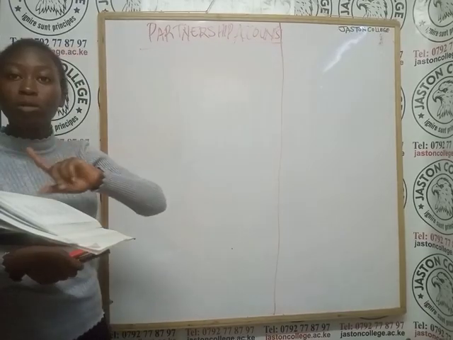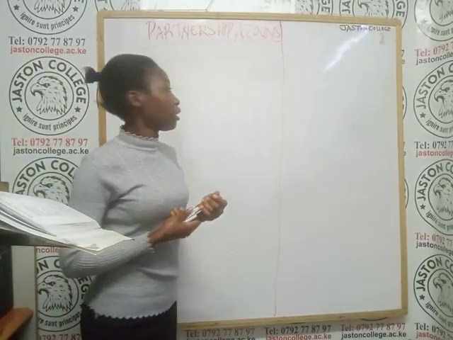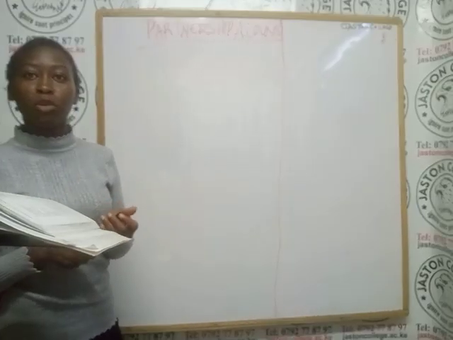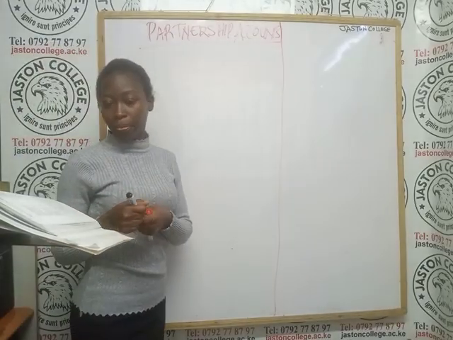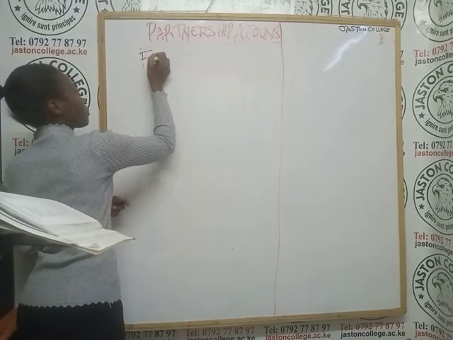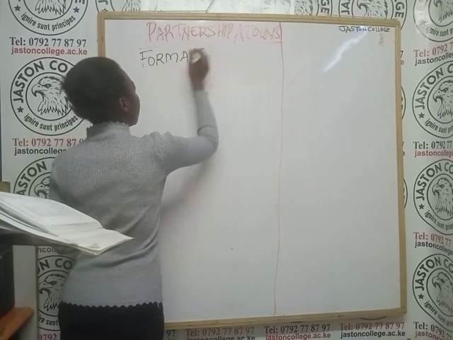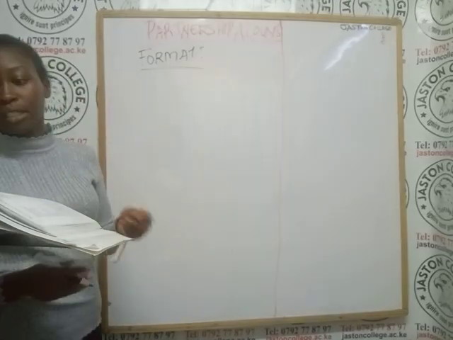So they have their books. So we have the income statement and the statement of profits and loss account. So I'm going to write the format of the income statement.